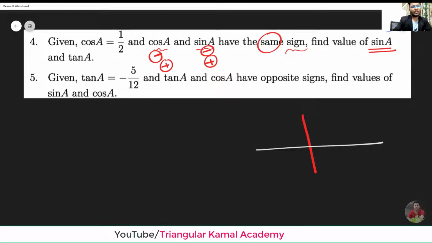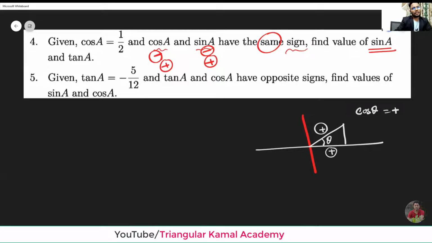Okay, if we draw the figure here, this is adjacent, always positive. Hypotenuse in any quadrant is always positive. So adjacent by hypotenuse in the first quadrant, if we consider this is theta, cos theta is positive.